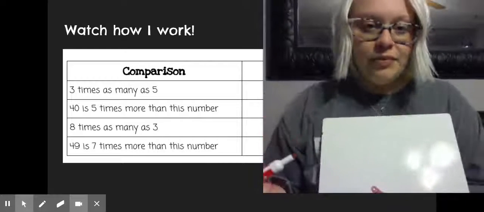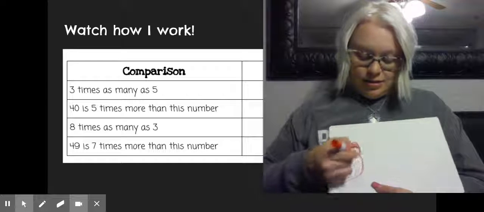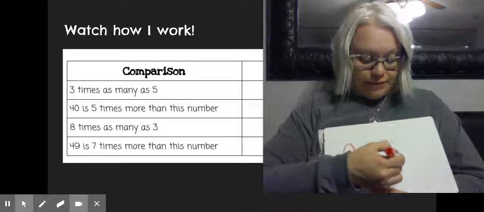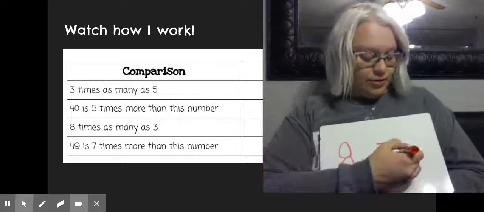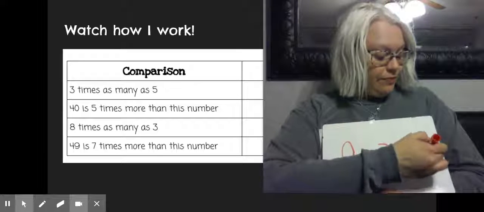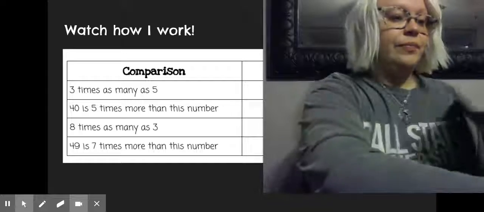Okay. So I'm going to read number 3. 8 times as many as 3. Okay, so simple, right? 8 times 3 is 24. Okay, let's do one more.